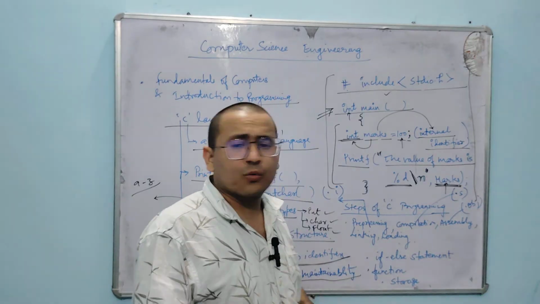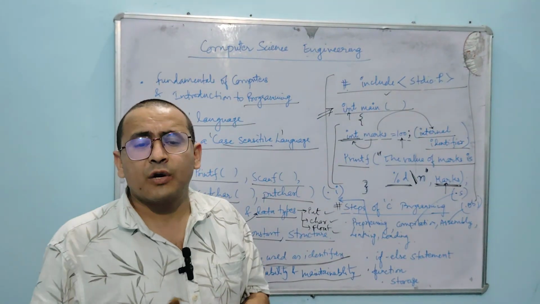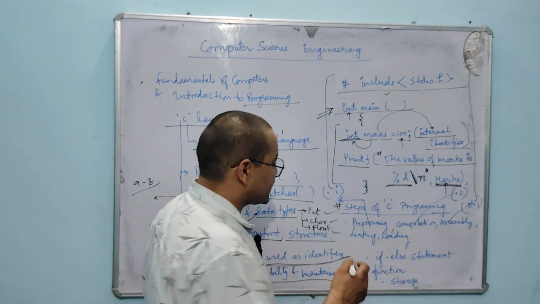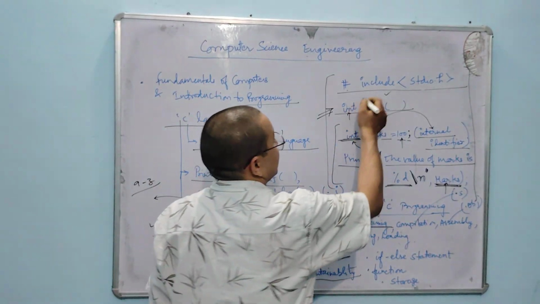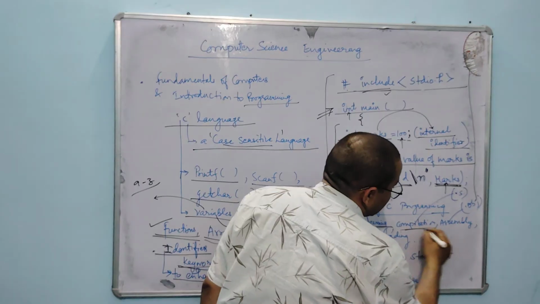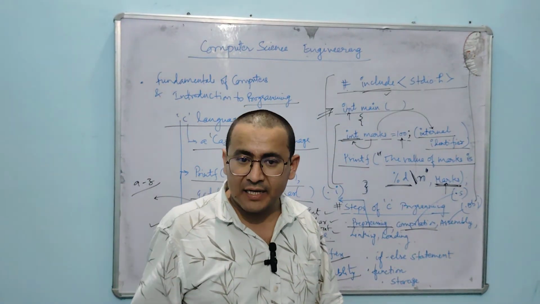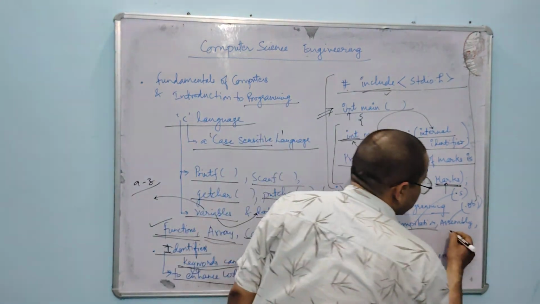Now it is quite obvious to ask what the steps in C programming are, which have to be followed. Initially it has pre-processing. Then compilation: after pre-processing, the program is compiled by the compiler. Then after that is assembly.